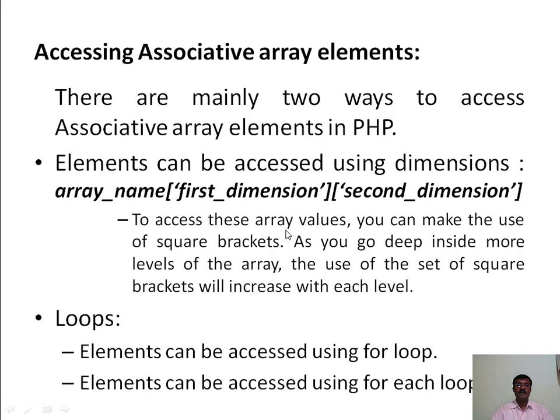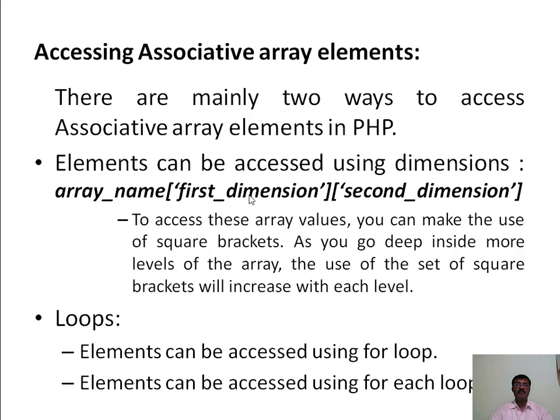To access these array values, you can make use of square brackets. As you go deeper into more levels of the array, the set of square brackets will increase with each level. In the case of a one-dimensional associative array, it's enough to have one pair of square brackets with one dimension or one index value.